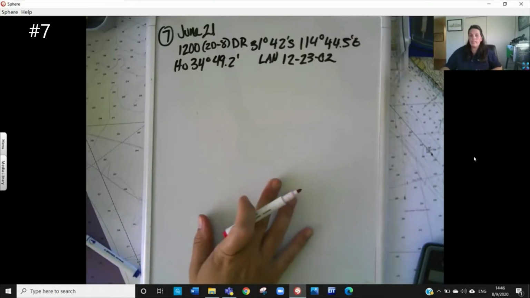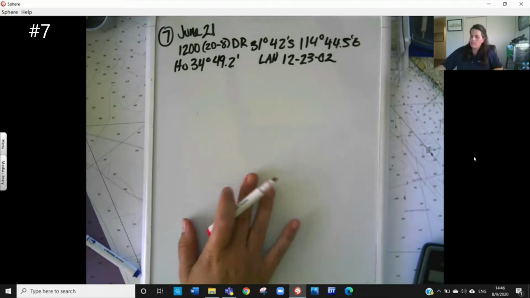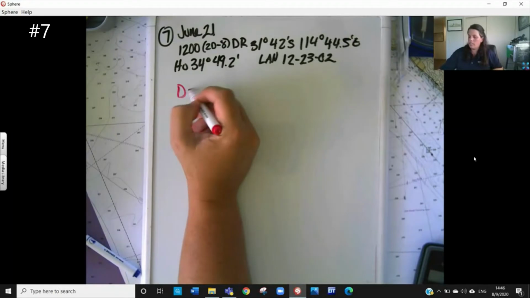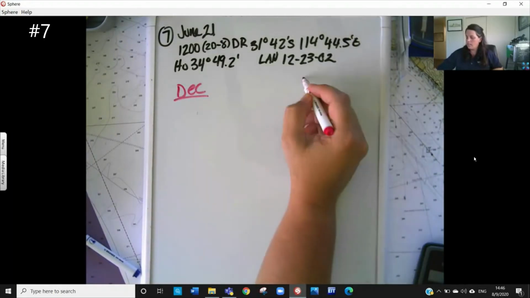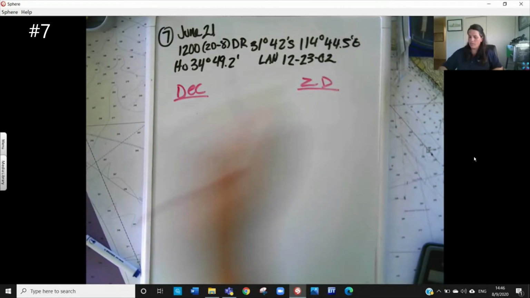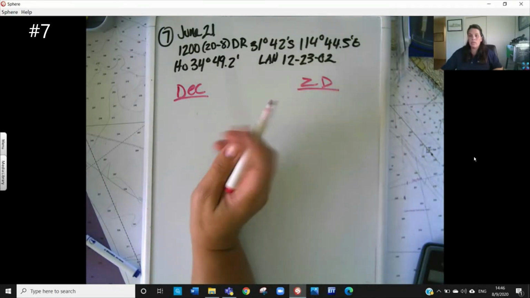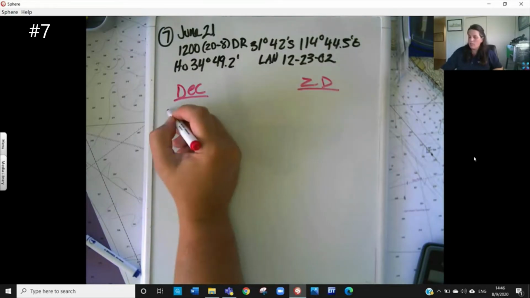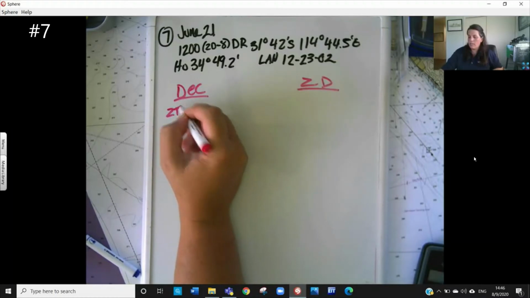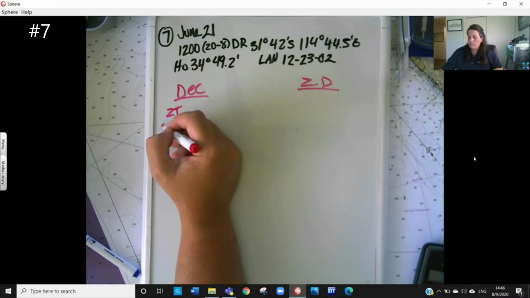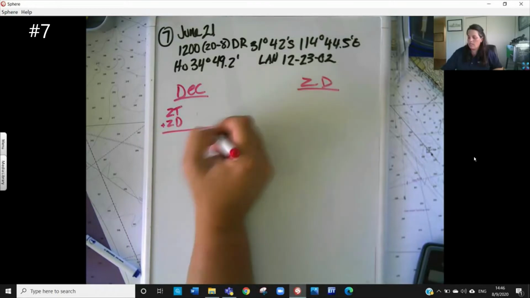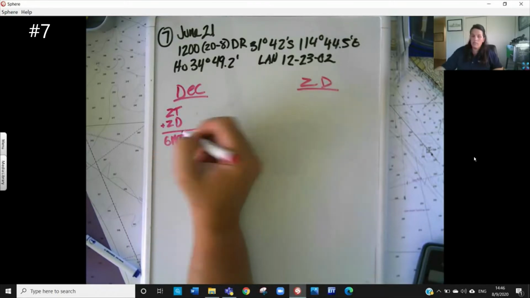Okay, number 7. The two things we need to figure out our latitude by LAN are declination and zenith distance. For declination, we use the almanac and go into it with our GMT time. So we have zone time plus our zone description gives us GMT.